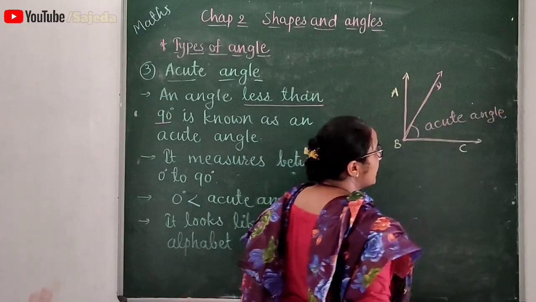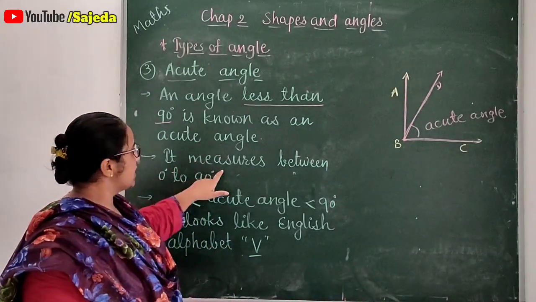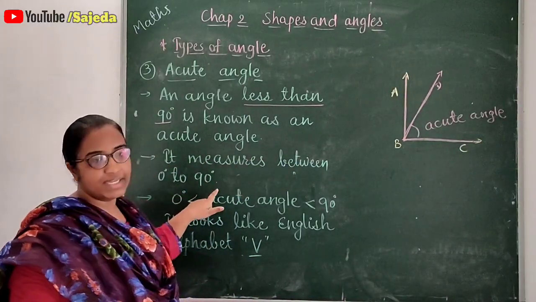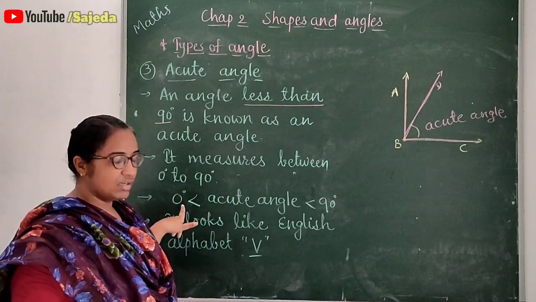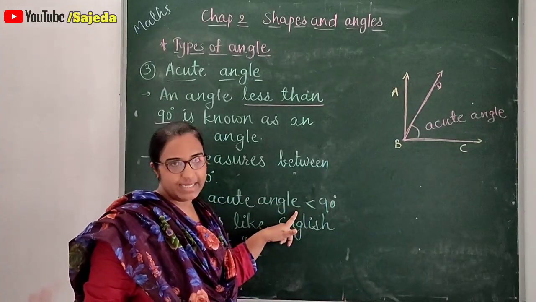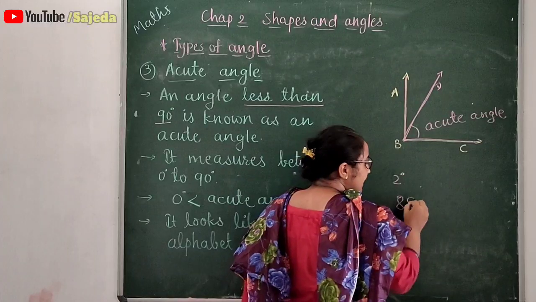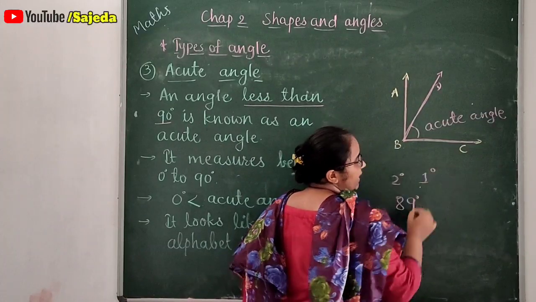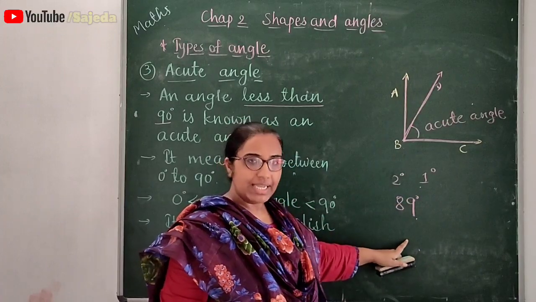Now in an acute angle, the measurement is not fixed. It measures between 0 to 90 degrees, that means it is greater than 0 but less than 90 degrees. It can be 2 degrees, it can be 89 degrees, it can be 1 degree. All these angles are called acute angles.